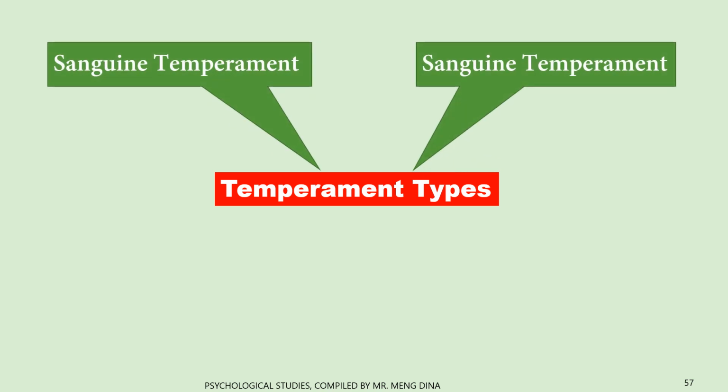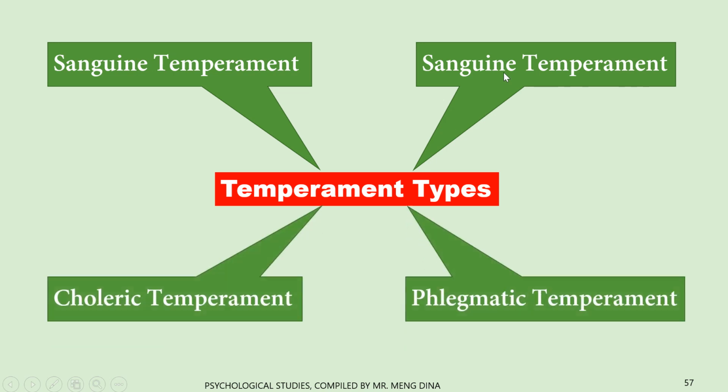Okay, copy the temperaments. Phlegmatic temperament, and so on. Okay, it means the same, four of them. Characteristic: choleric, which refers to the hot person.